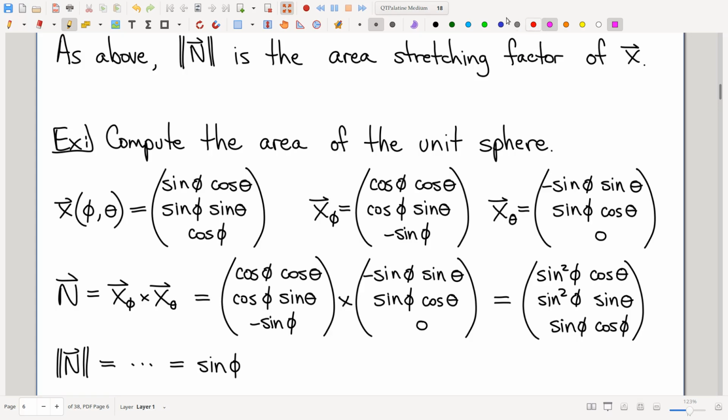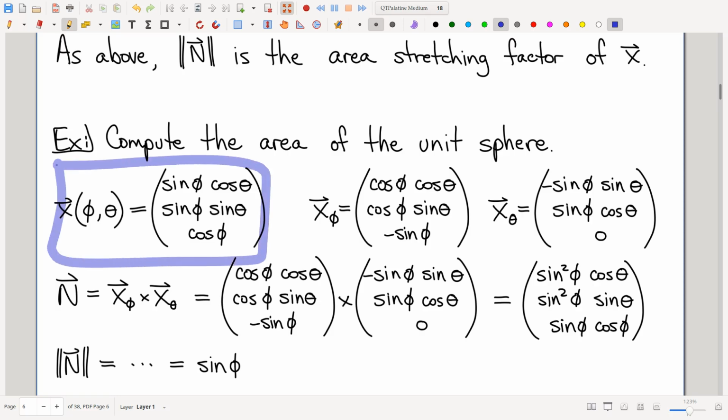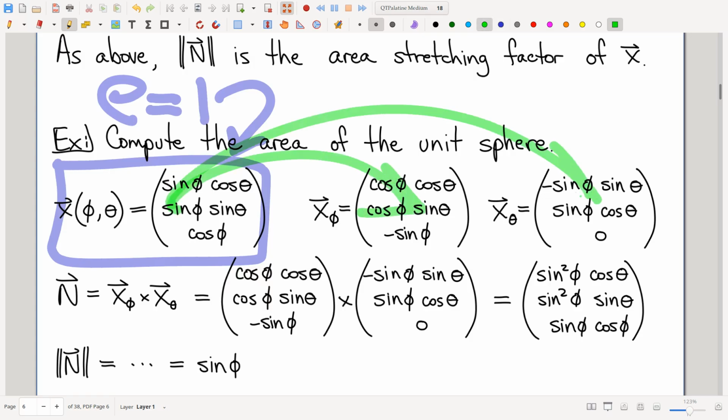Here's our parameterization. This is the rho equals 1 spherical graph parameterization. We take the appropriate partial derivatives with respect to our two parameters, phi and theta. Make sure you can do that.